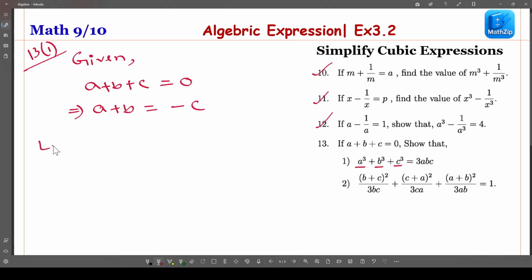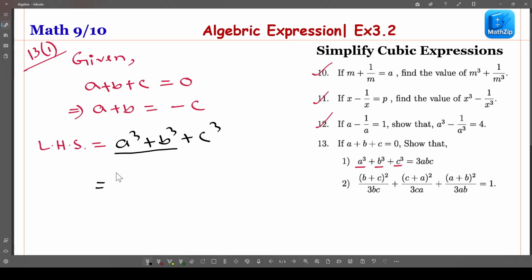Now left hand side, a cube plus b cube plus c cube. First we have to work on a cube plus b cube.